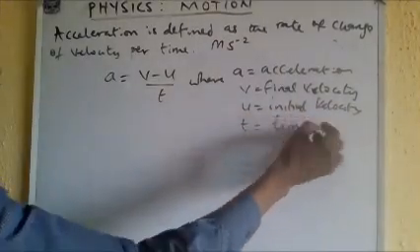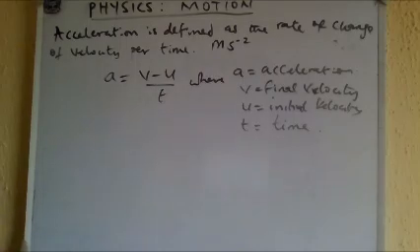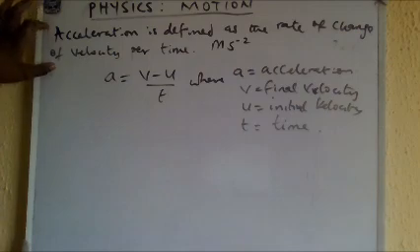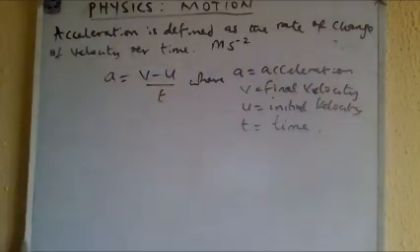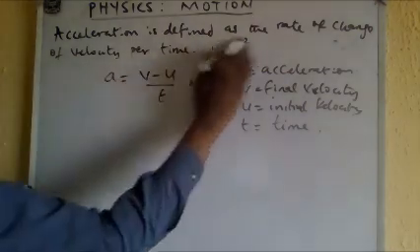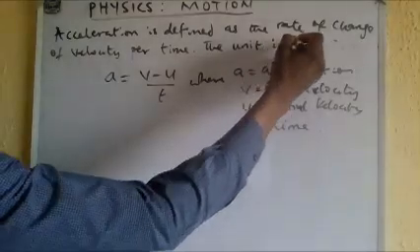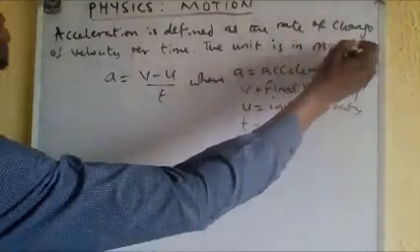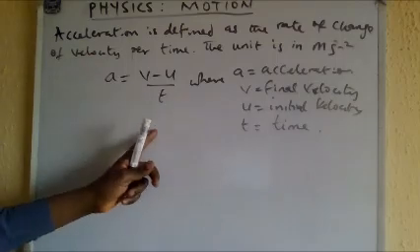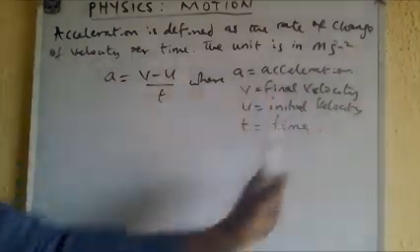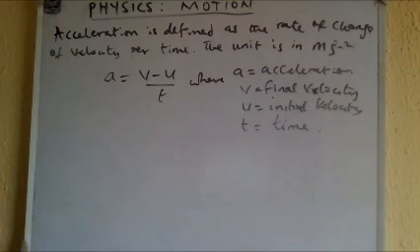Time. You got it right. If you define it like this in the exam, give your definition in words, put the units. The unit is meter per second square. Then go ahead and define it in formula and define the parameters by saying that A is this, V is that, and so on and so forth.